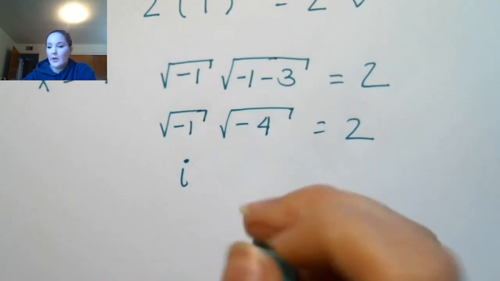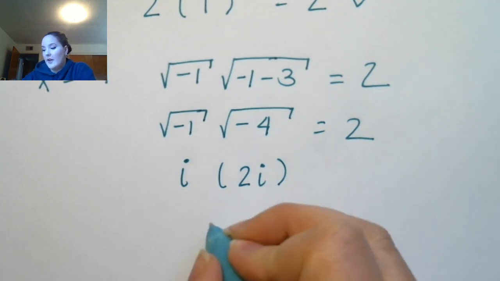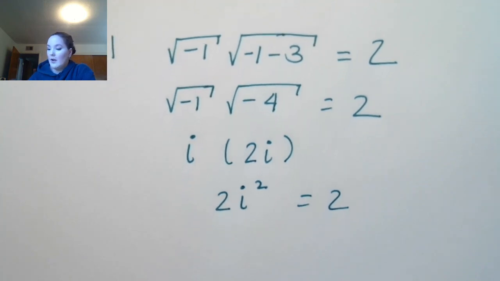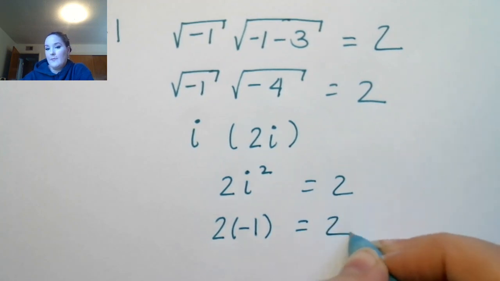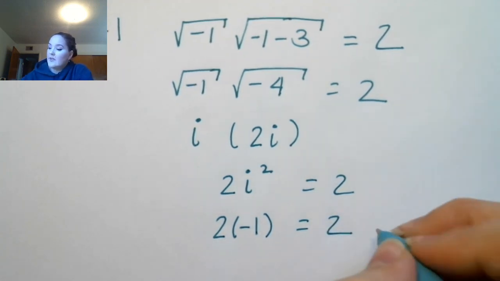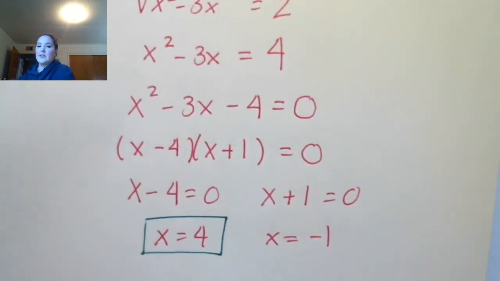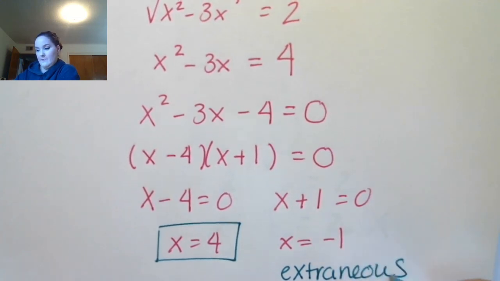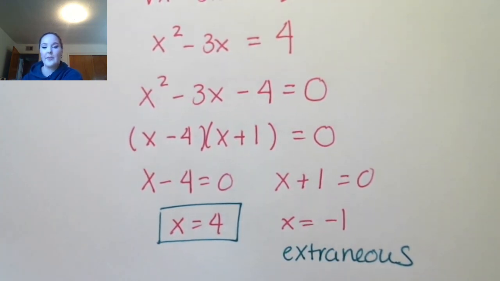The square root of negative 4 is 2i. Multiply these together, we get 2i squared. i squared is negative 1. So we can see that this is false, and this is an extraneous solution. So x equals 4 is my solution, and x equals negative 1 is an extraneous solution.